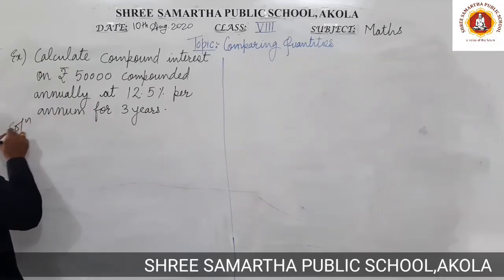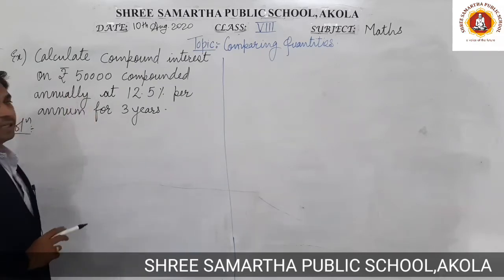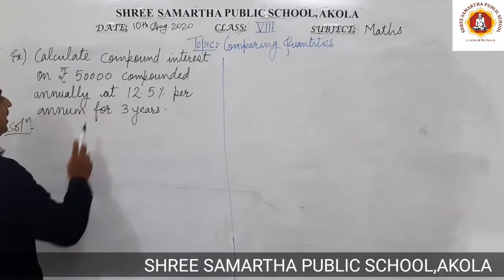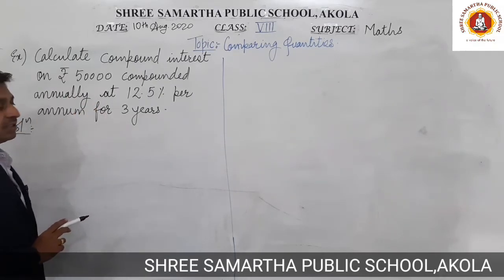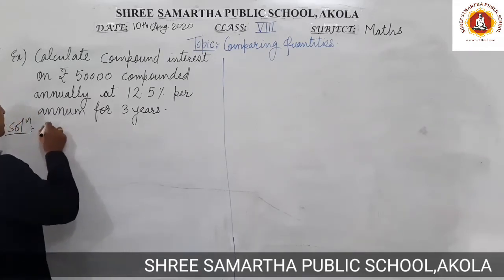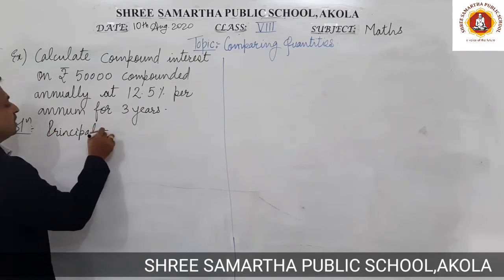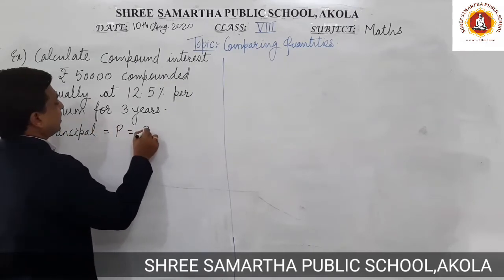Now see dear student, what is the example? Calculate the compound interest on rupees 50,000 compounded annually at 12.5% per annum for 3 years. So the principal given here is P equal to rupees 50,000.